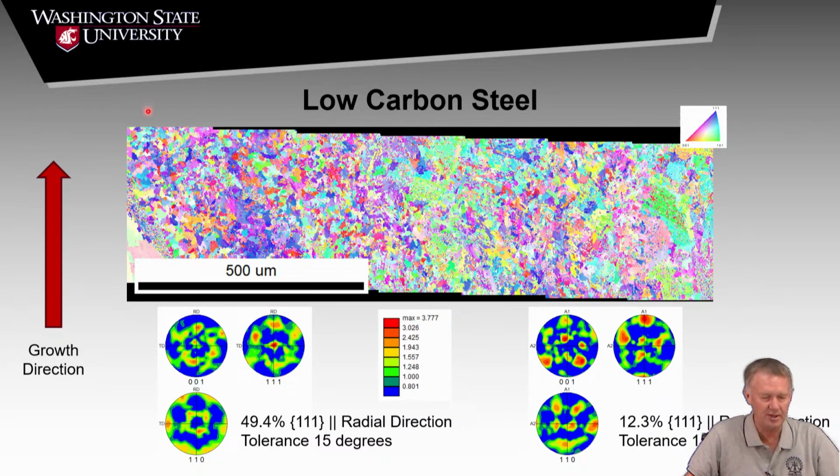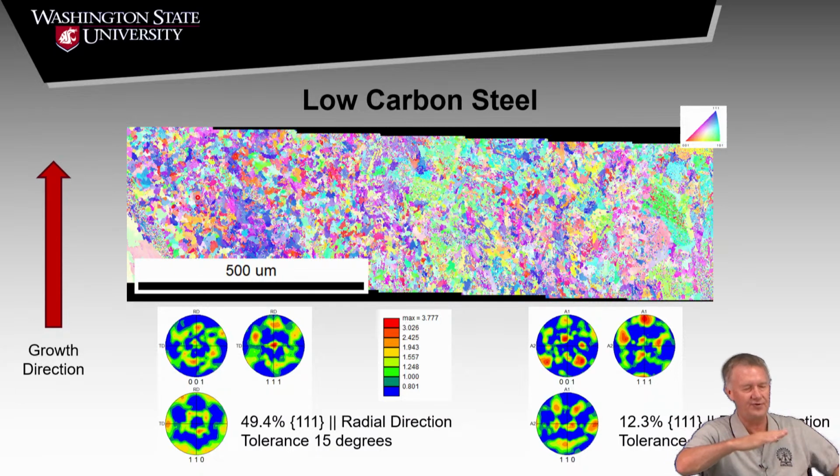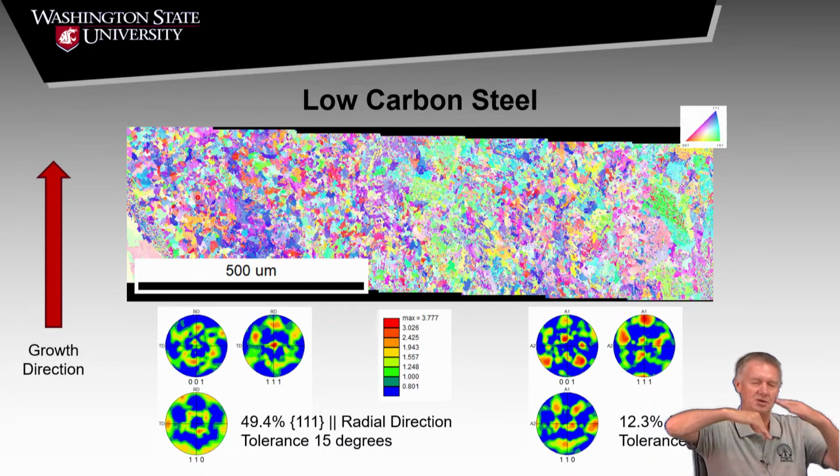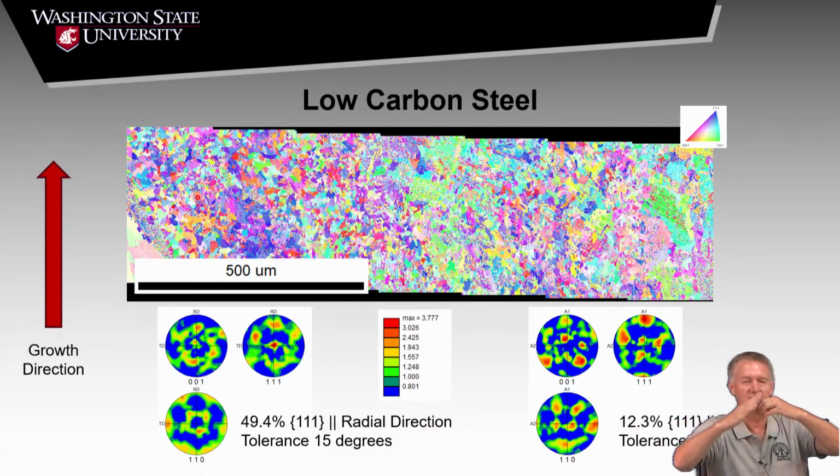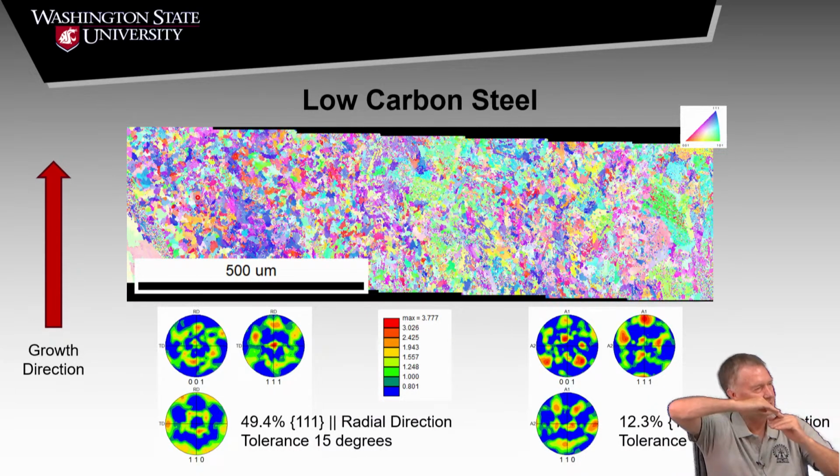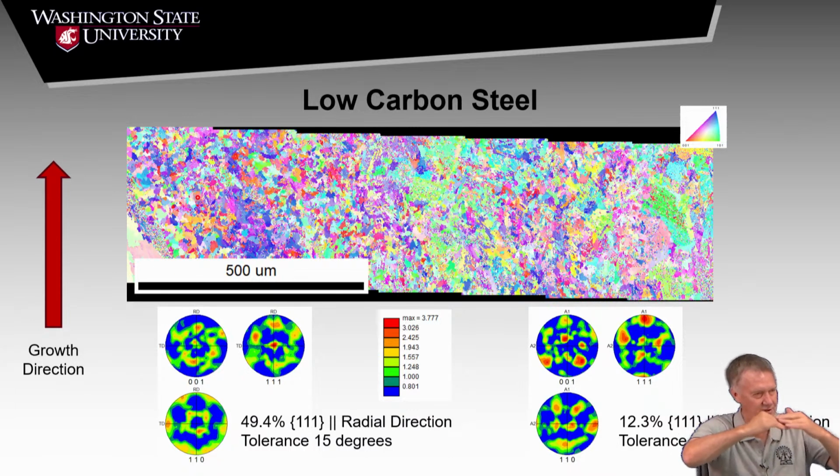It looks like when I'm near the inside, I've looked at 3 different places, and I've seen this 111 fiber right up against the stainless on all of them. So it's possible that, because you have the low carbon, you put the stainless on, which bubbles up, and then you put the low carbon on again, you're getting different directions as you hit those intersections, those teeth moving back and forth.